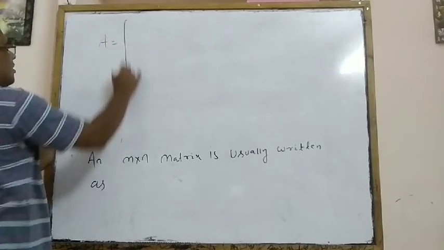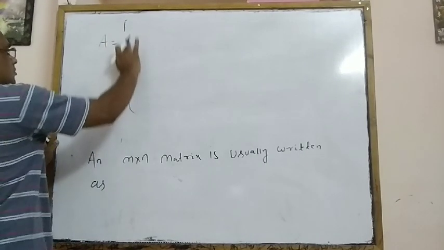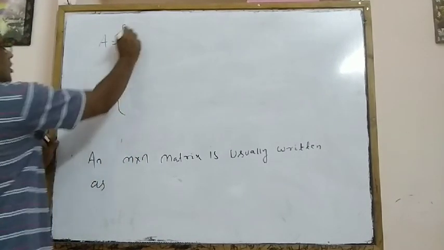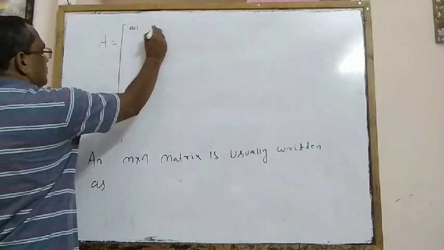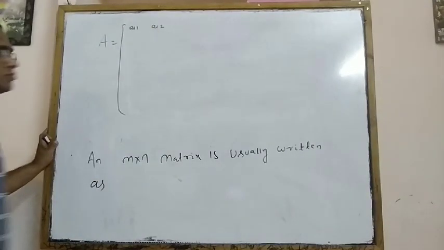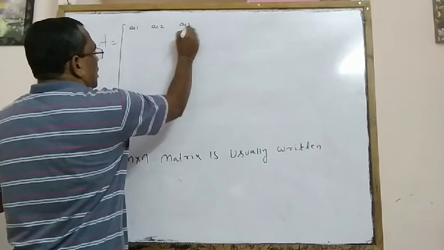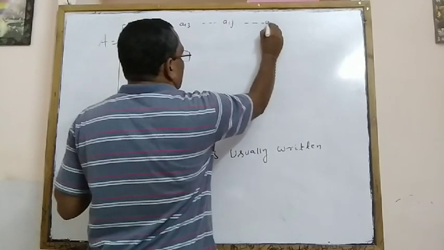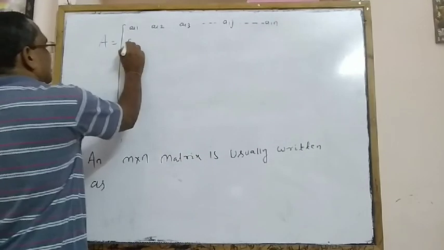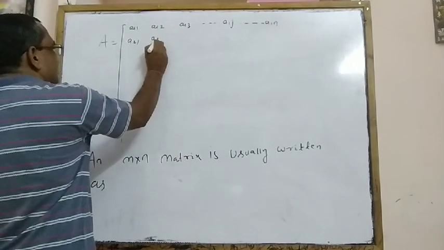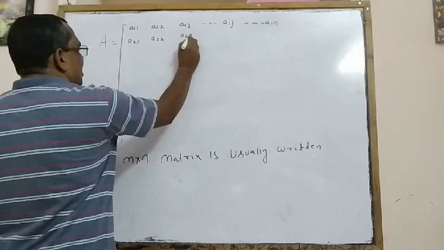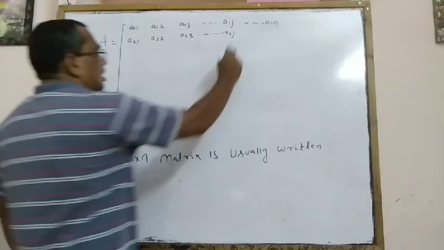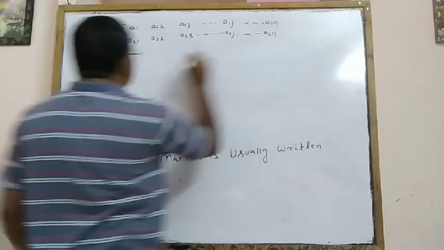so this is equal to: A11, A12, A13, A1j, A1n. Next the second row: A21, A22, A23, A2j, and this is A2n.